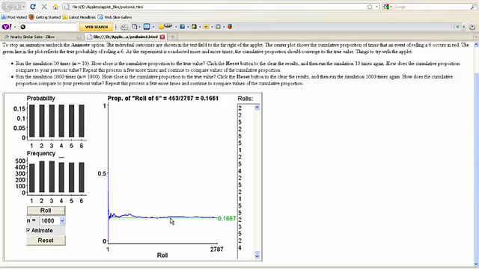And we go. Look at this. And I love this. Getting close. Disco. 0.1667, 0.1674. That is the law of large numbers in full effect.